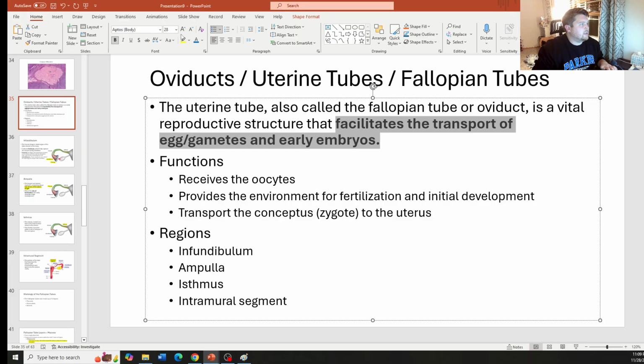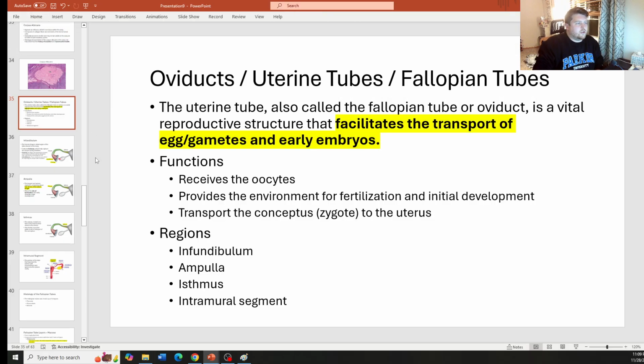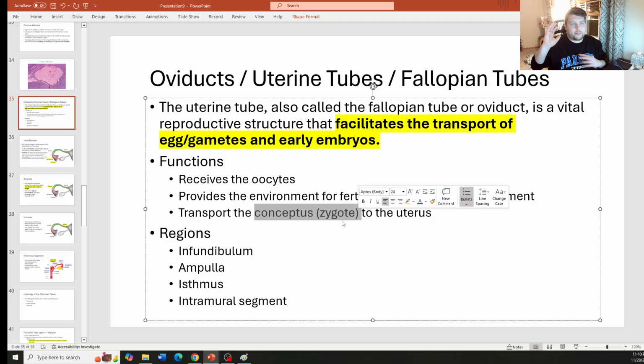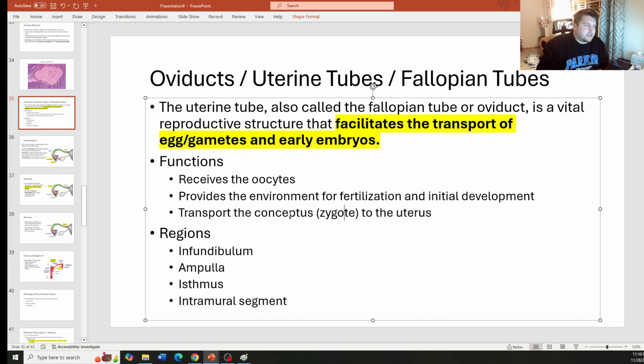That is its main job, getting it from the ovary to the uterus. So it receives the egg, it provides the environment for fertilization and initial development, and it also transports what we call the conceptus or the zygote, where egg and sperm have already fused. We call that the conceptus or the zygote, and it brings it to the uterus.